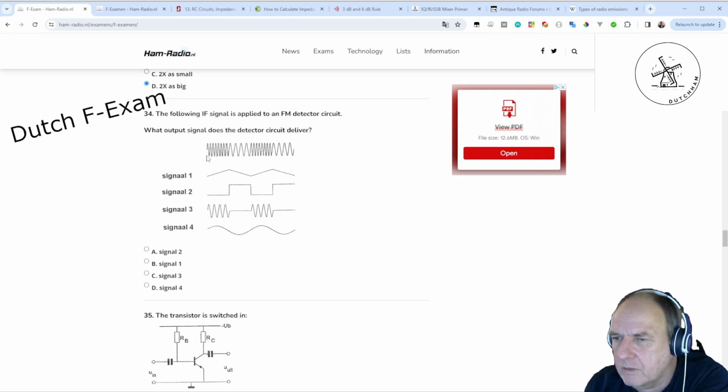I don't see, or the image is too small, but I don't see the frequency going up here, so signal 1 is off. And signal 4 is also off, because with this signal it would be a steady signal change. So it is an on-off signal. So I will go for signal 2.